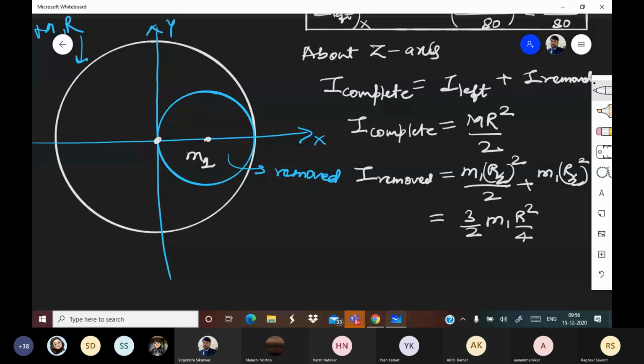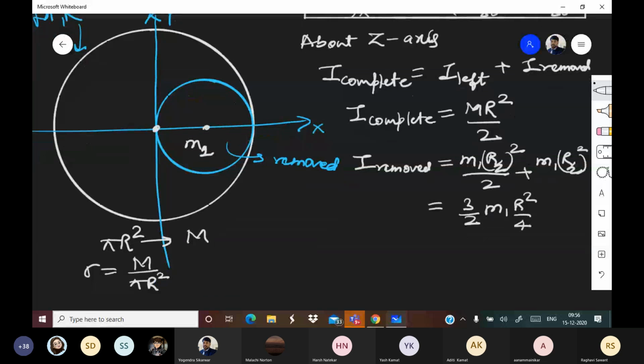How much is m1? So pay attention. In pi R square area, the mass is capital M. So sigma, which can be called mass per unit area, will be M upon pi R square. So m1 will be sigma into pi (R by 2) whole square. So that will be M by 4.